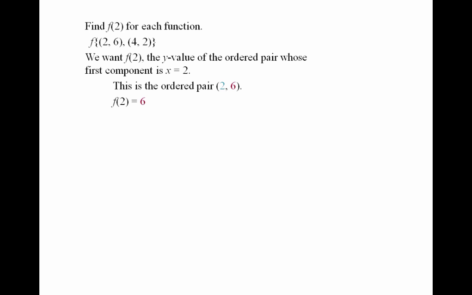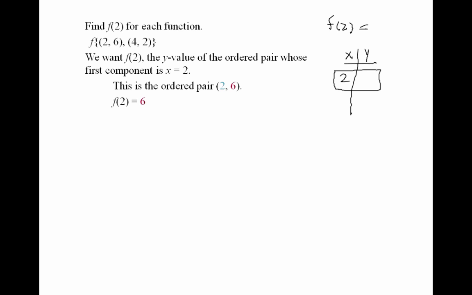So find f of 2 for each function. Now, we're going to look at this set of numbers here. f of 2 means when x is equal to 2, what is y? Remember that? f of 2 means, if I had a little chart here, if x is equal to 2, what is y?